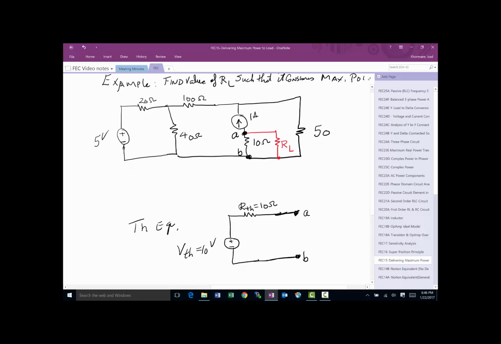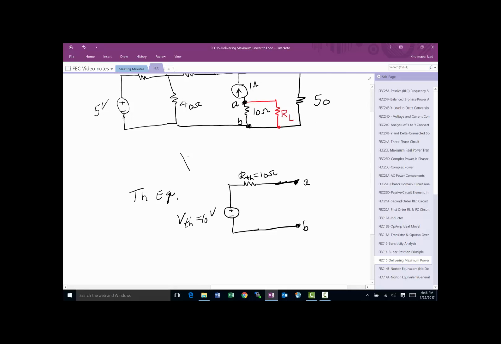We've done that here, and that's the answer we got. Therefore, the only value of RL that would deliver the maximum power has to be equal to R Thevenin, and it's equal to 10 ohm.